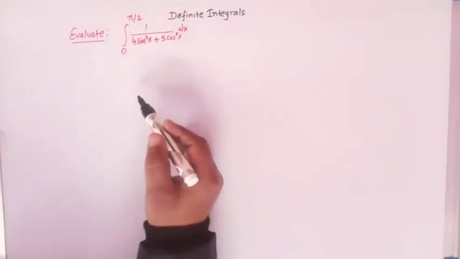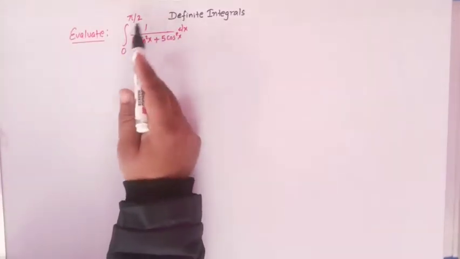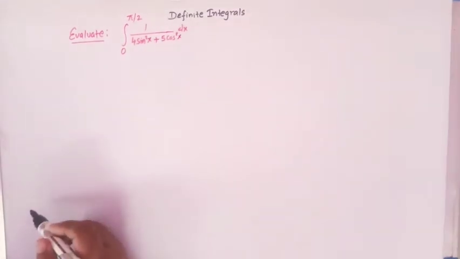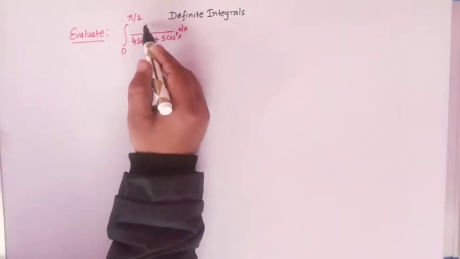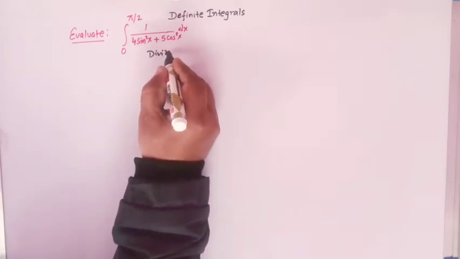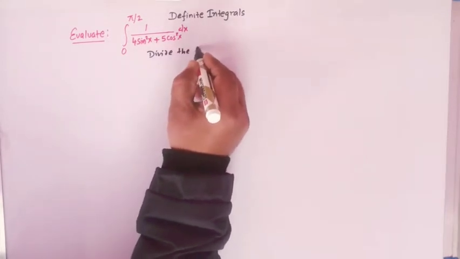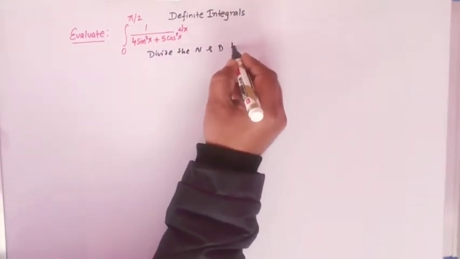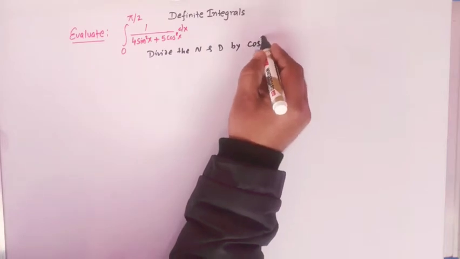So in order to solve this definite integral, we have to make use of a special strategy, and the strategy is that we have to divide the numerator and denominator by cos square x, right? So we'll divide the numerator and denominator by cos square x.